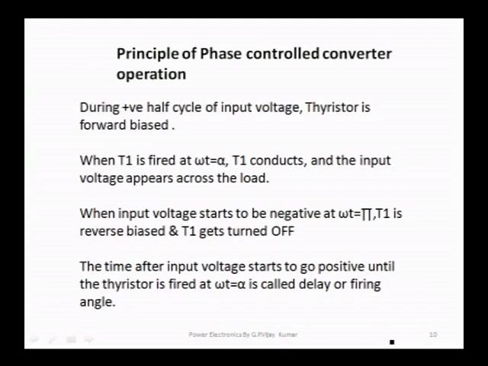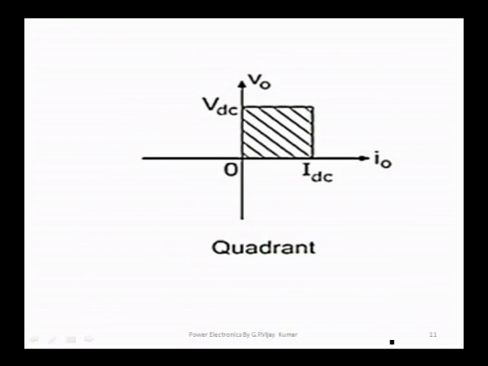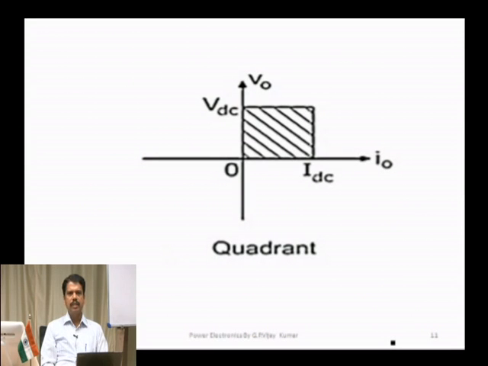So, when you fire the thyristor at omega t equal to alpha, where omega t equal to 0, we get a maximum voltage. At omega t equal to 180, minimum voltage. So, omega t equal to alpha is called the delay or firing angle. This type of converter works in a single quadrant.